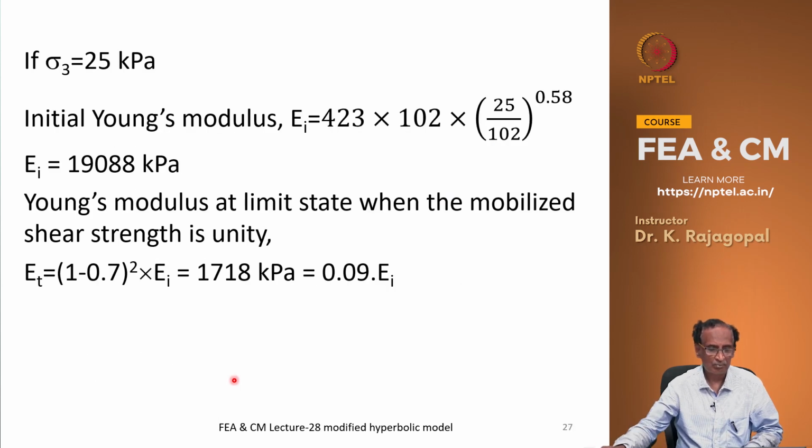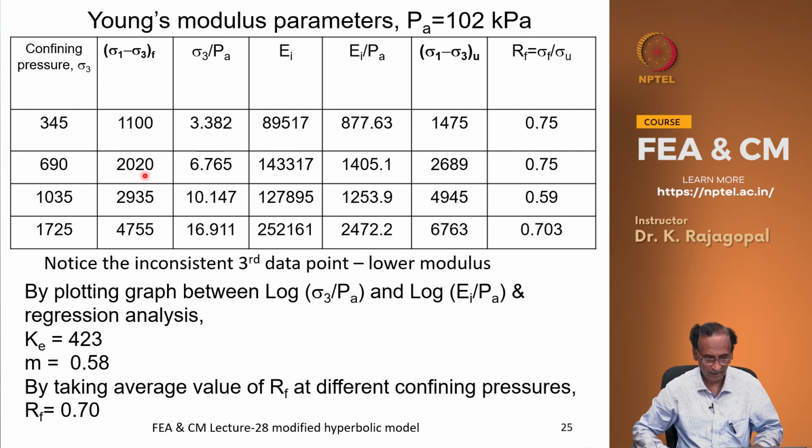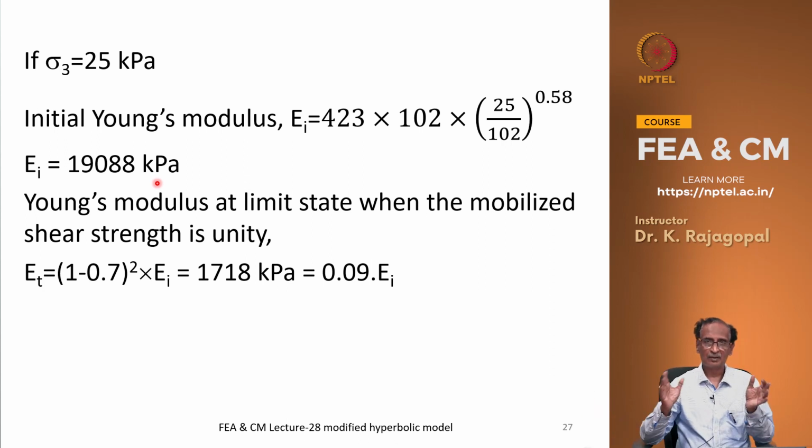So, if you do this calculation at different confining pressures, at sigma 3 of 25, our initial modulus is 19,088. For this particular case, our RF is 0.7, and if the limit state is reached, in that bracket, 1 minus sin phi times sigma 1 minus sigma 3, divided by 2c cosine phi plus 2 sigma 3 sin phi, that becomes 1.